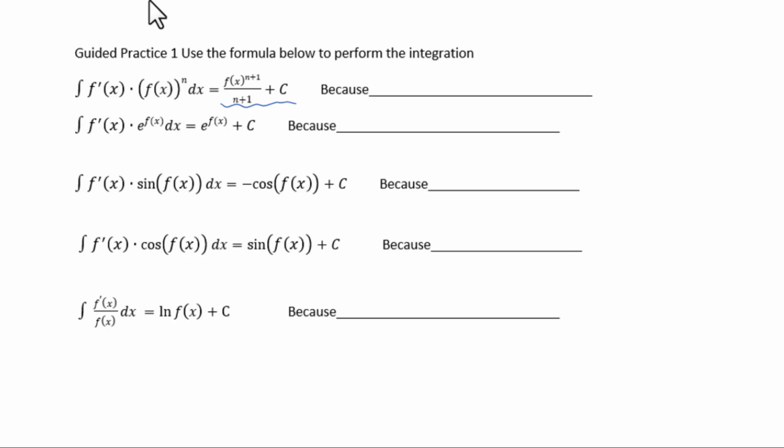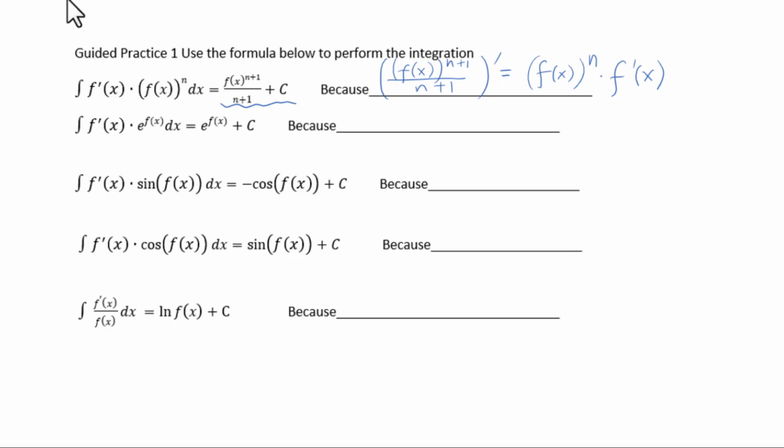This formula is true because f of x to the n plus 1 power over n plus 1, prime, equals f of x to the nth power times f prime of x.